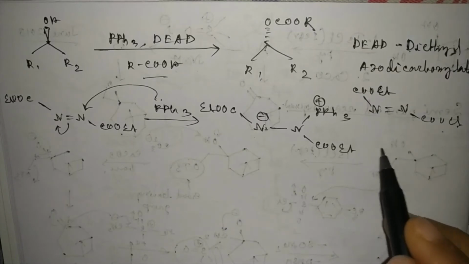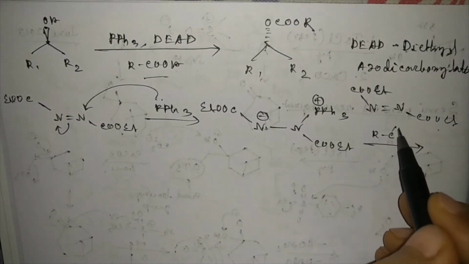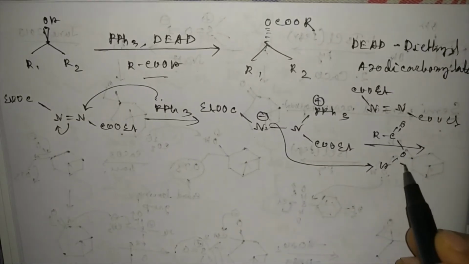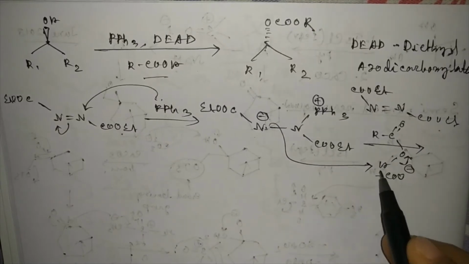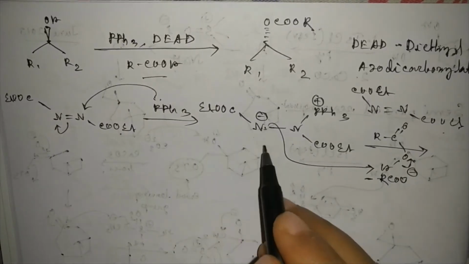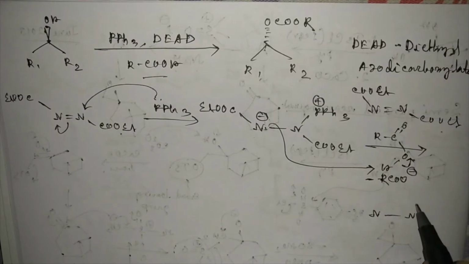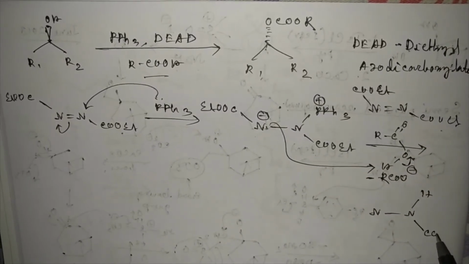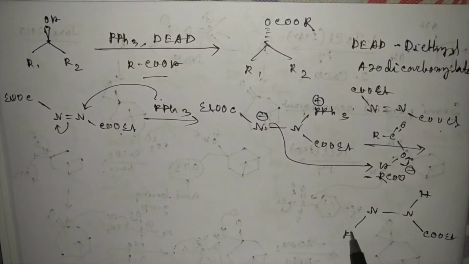Then from this carboxylic acid, the negative charge will take a proton, giving RCOO minus. So it will be converted to the N–H species, and I am writing this like this. Here I am placing the PPh3.